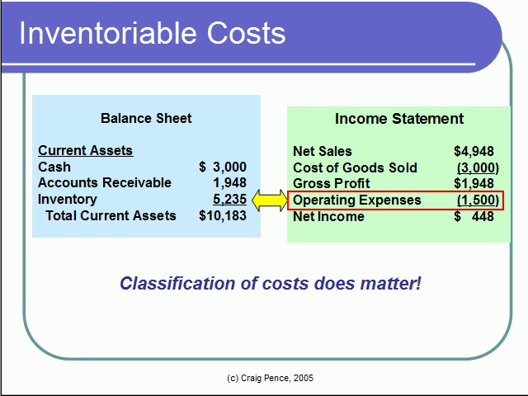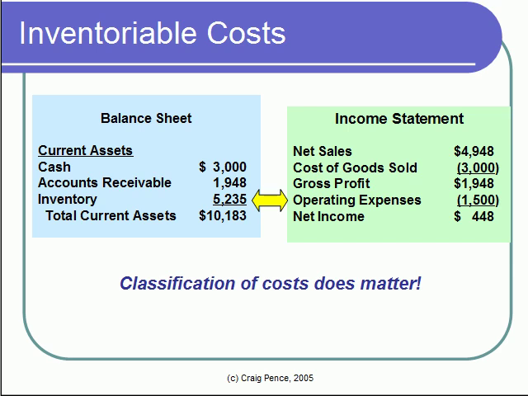Recording it in inventory means we can keep the cost off the income statement. Now, eventually it will wind up on the income statement as part of cost of goods sold, but only when the inventory item is sold. Since the decision about whether a cost is inventoriable or not can have a big impact on the income statement and the balance sheet, many accounting rules are related to it.